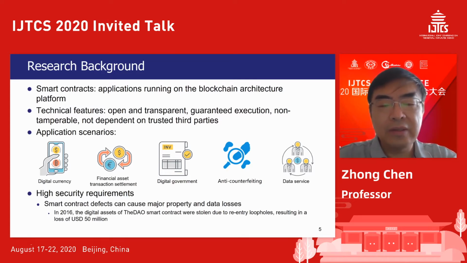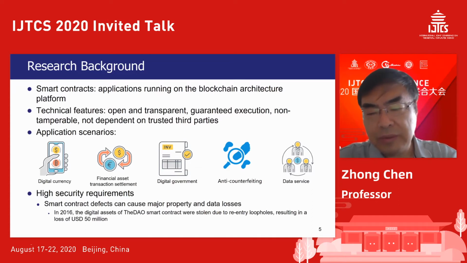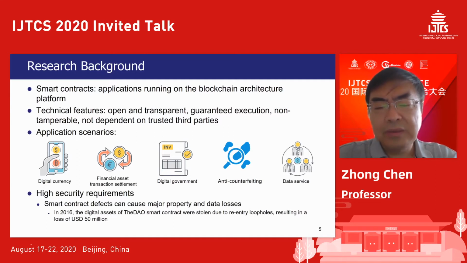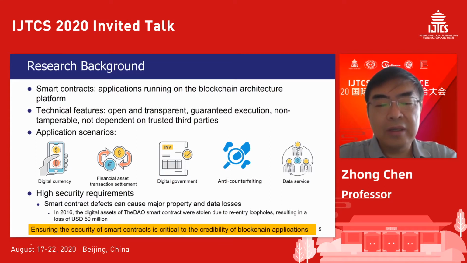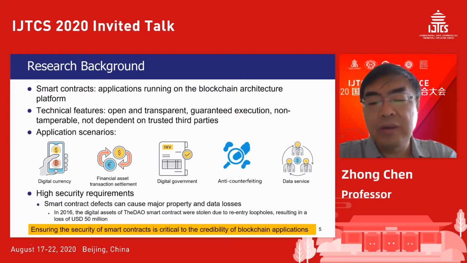In the year 2016, the digital assets of the DAO smart contract were stolen due to re-entrancy loopholes, resulting in a loss of almost 50 million US dollars or equivalent. Therefore, ensuring the security of smart contracts is critical to the credibility of blockchain applications.